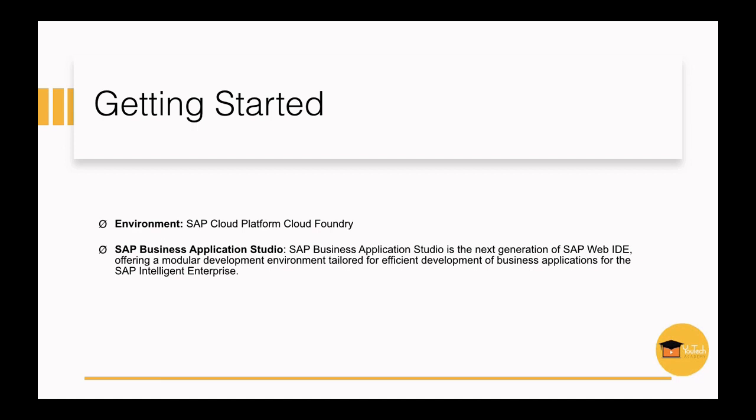It is a service in SAP Cloud Foundry and provides a tailor-made development environment for various development scenarios. With each of these scenarios, we can create different types of applications. I'll now navigate to SAP Cloud Platform Cockpit to launch SAP Business Application Studio and start our development.